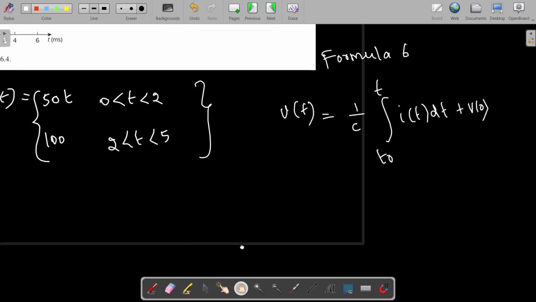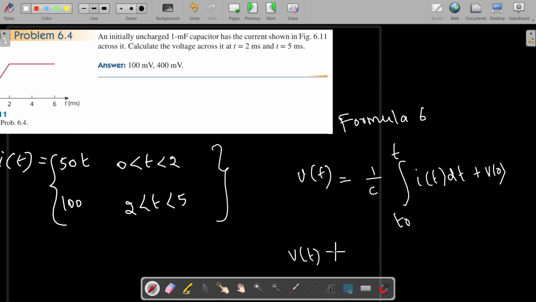In this we can substitute this i of t. So v of t is equal to 1 by c. 1 by c is 1 millifarad, 1 by 1. Then the integral for the first portion is 0 to 2 milliseconds, that is the timing. i of t is given here. i of t is found out for this first portion as 50t dt, also in milliamps.